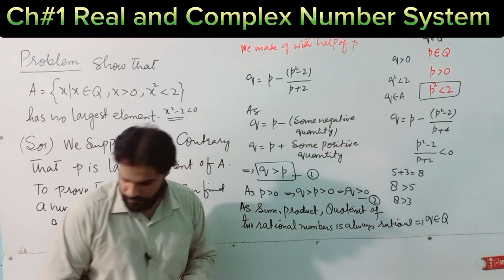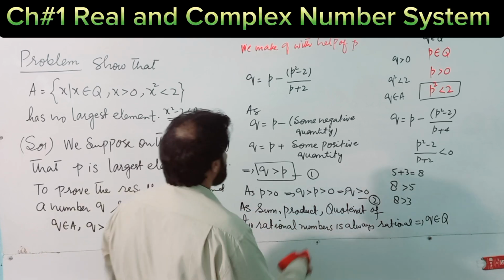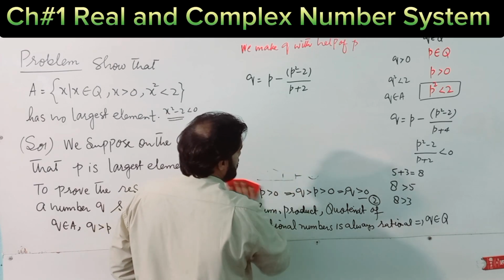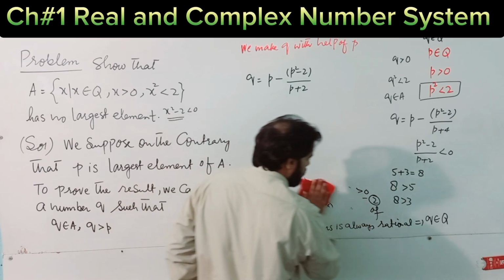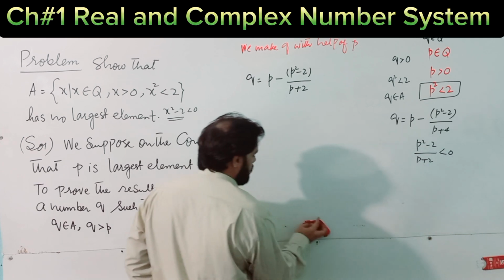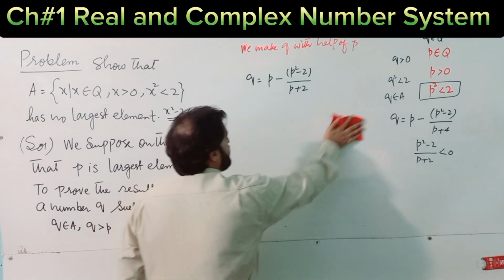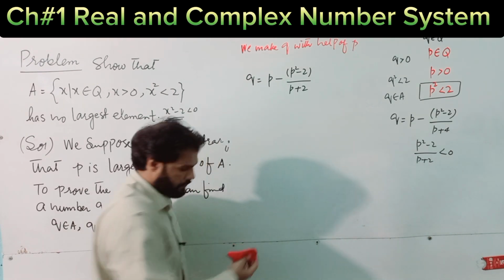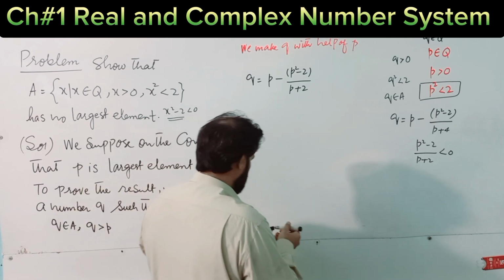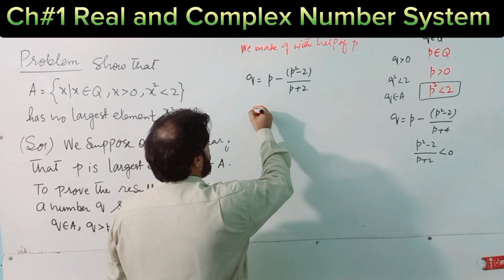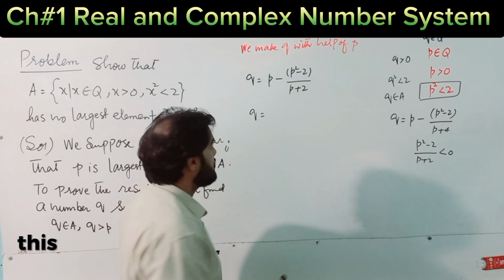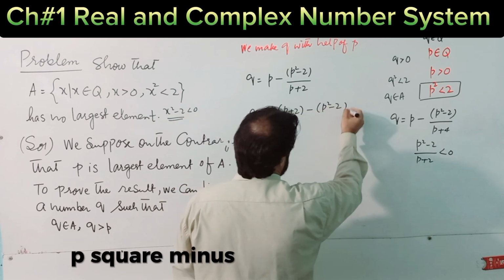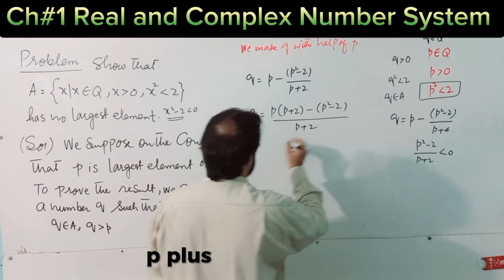For this we consider, by taking LCM here, this will become p into p plus 2 minus p square minus 2 over p plus 2.